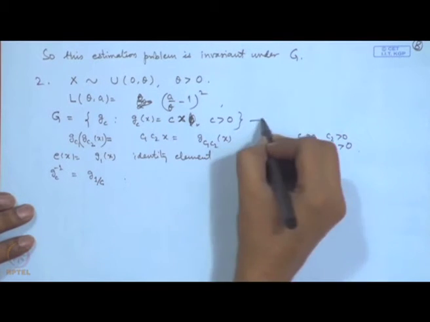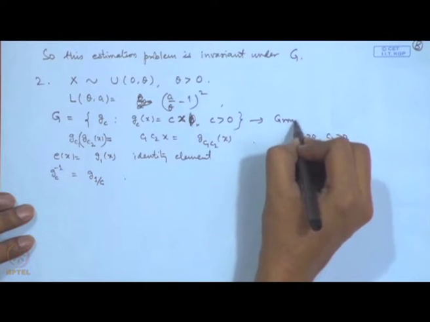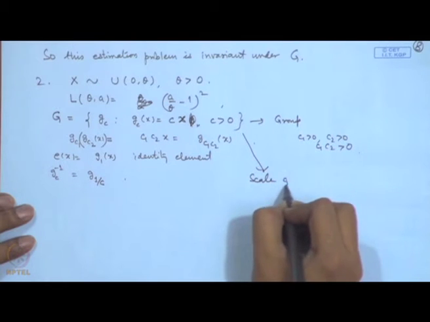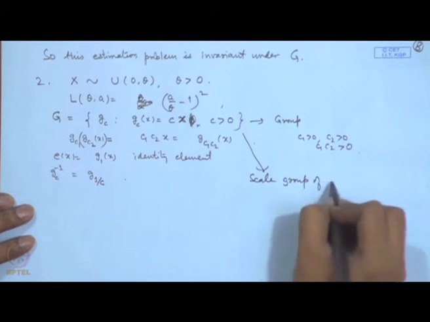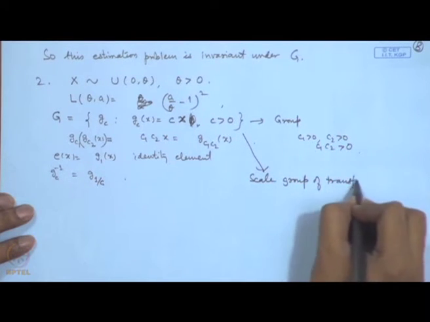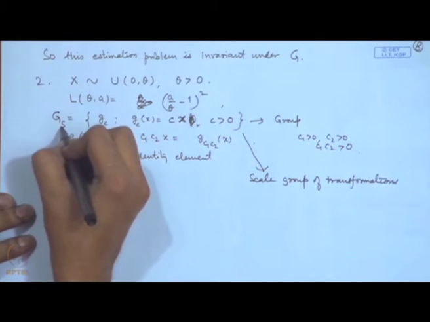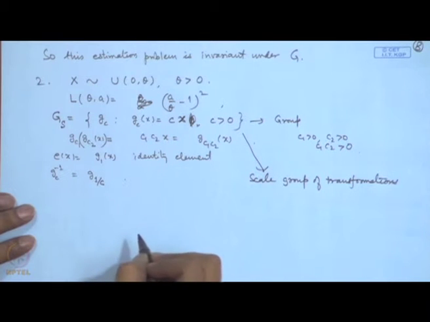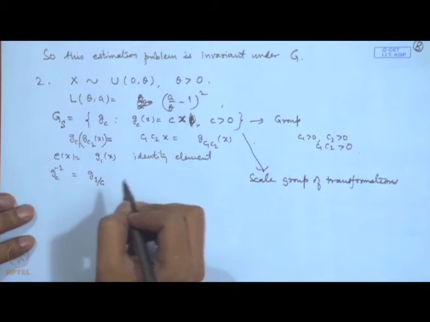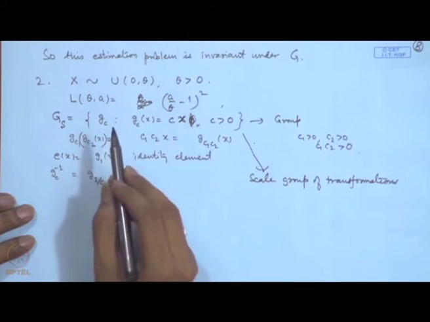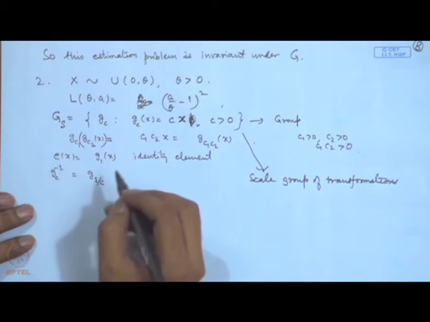So, this is a group. We actually call it a scale group of transformations. We can use the notation G_S for the scale. Let us see whether this estimation problem is invariant under the scale group.